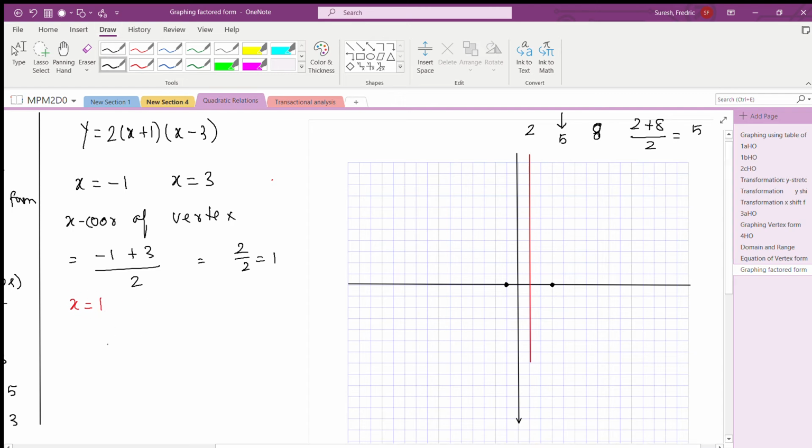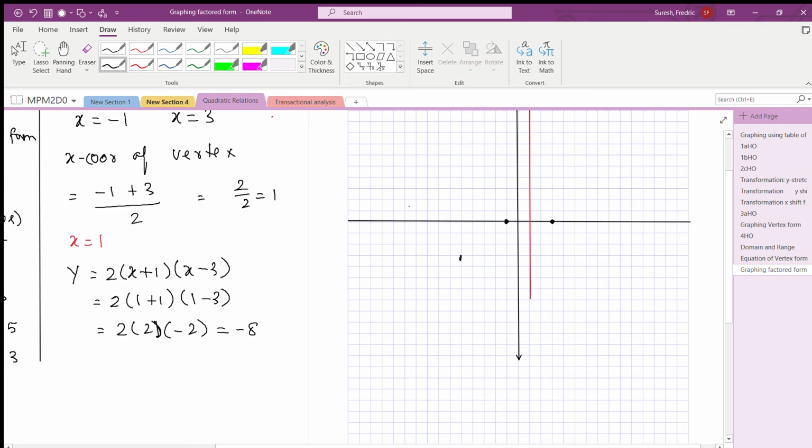All I need to do is substitute this back into the equation that is given to me. Putting these values in, I will get 2 times (1 plus 1) times (1 minus 3), that is 2 times 2 times negative 2, which is negative 8.